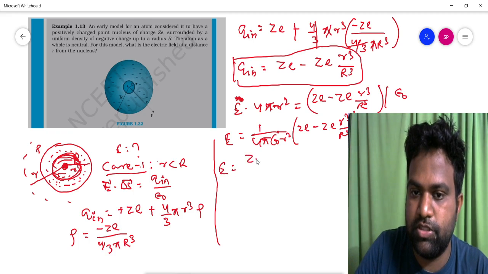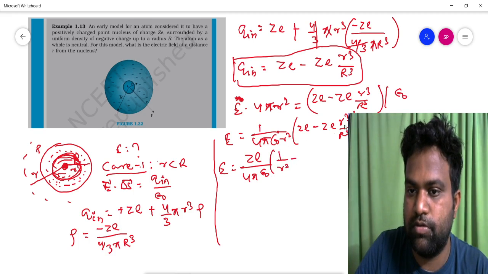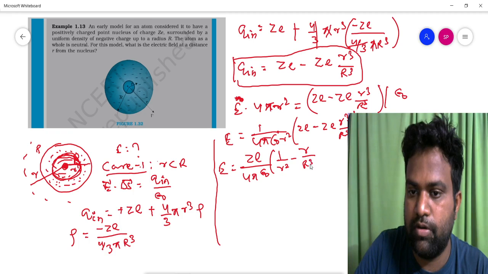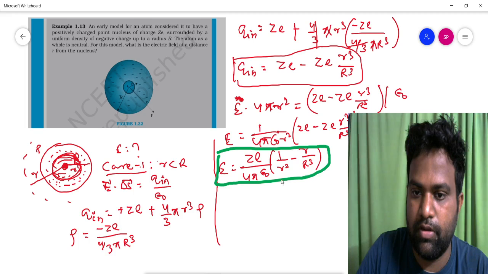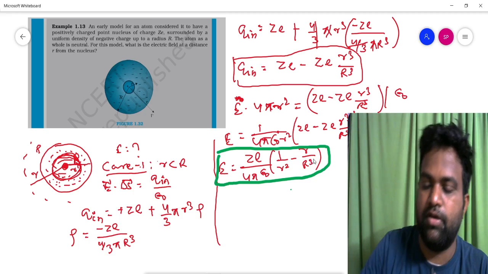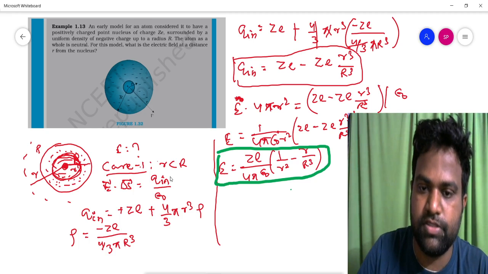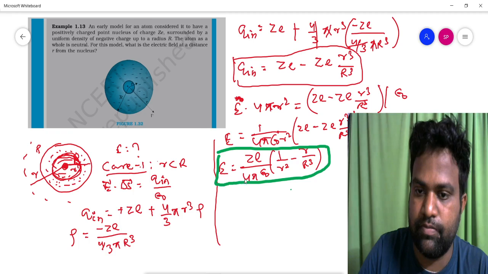E is equal to Ze upon 4 pi epsilon naught times 1 upon r square minus, this r square will be divided, so r upon R cube. So this is your electric field at a distance r from the center, which is inside the atom.